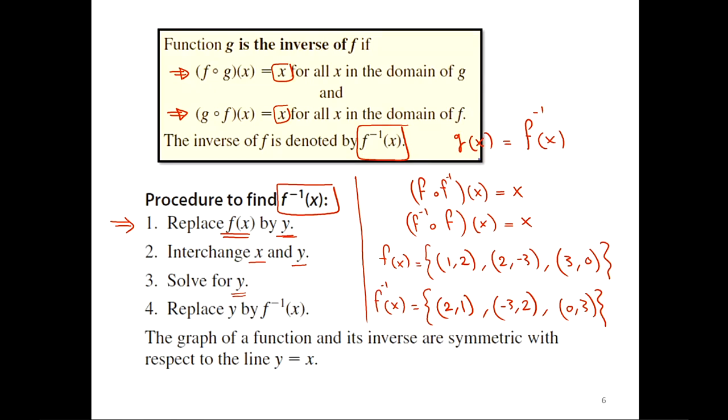So we need to keep y alone on one of both sides, without any coefficient, without any addition or subtraction or division or multiplication. Now, if we found y, this is f inverse. This is the value of f inverse. Okay? Example about that. So we have 4 steps.